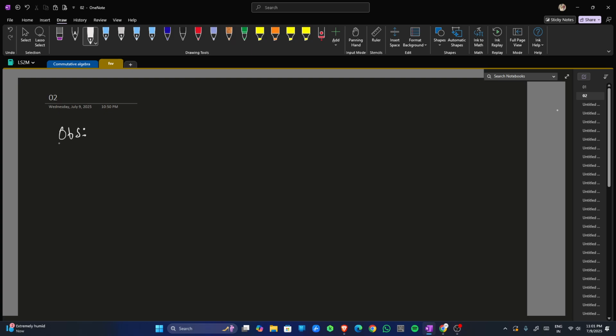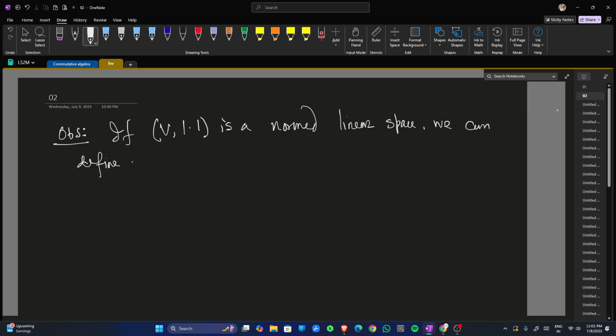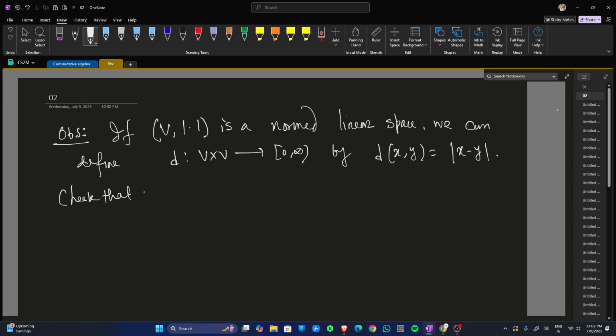Observe, if V with the norm is a normed linear space, we can define a distance metric by d of x, y to be the norm of x minus y. Check that d is indeed a metric.